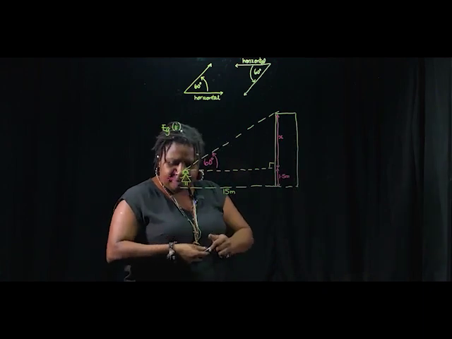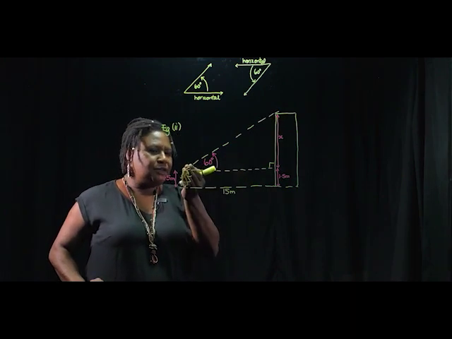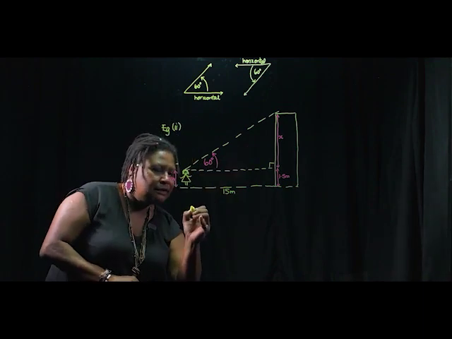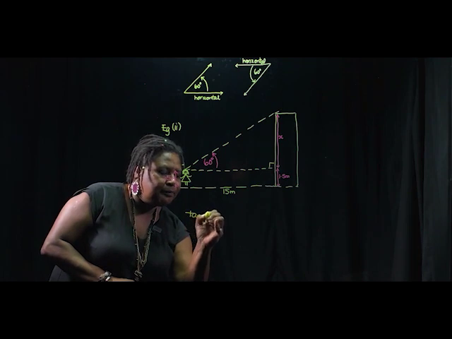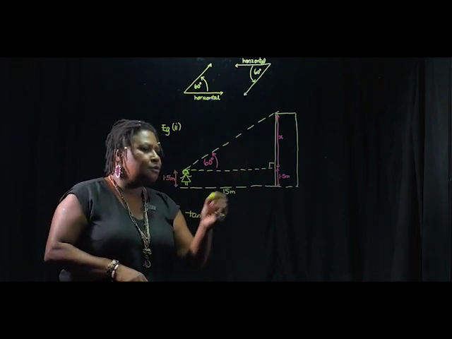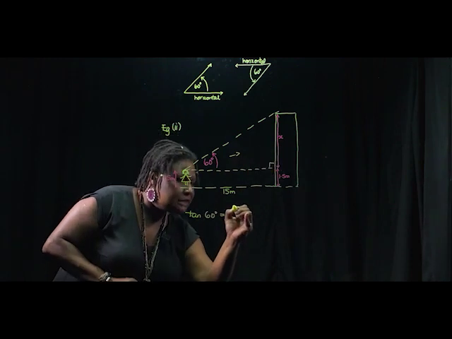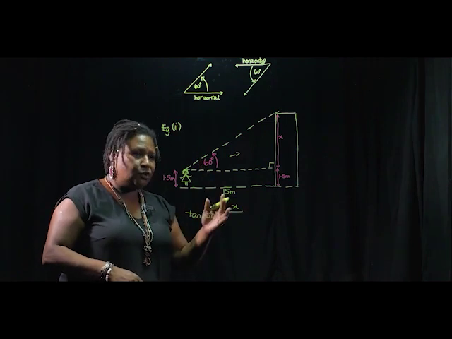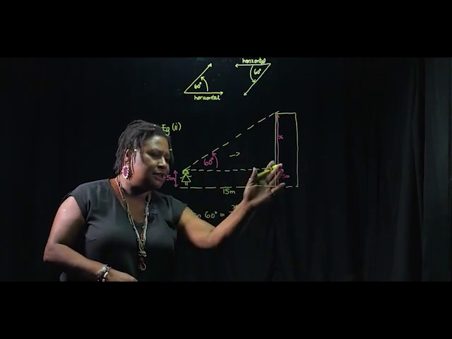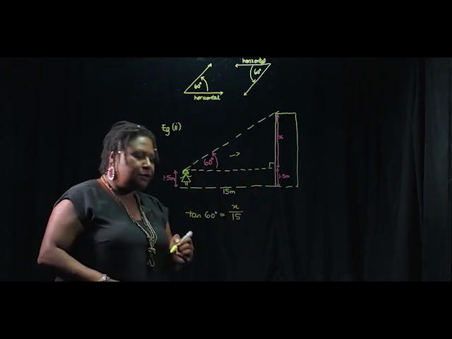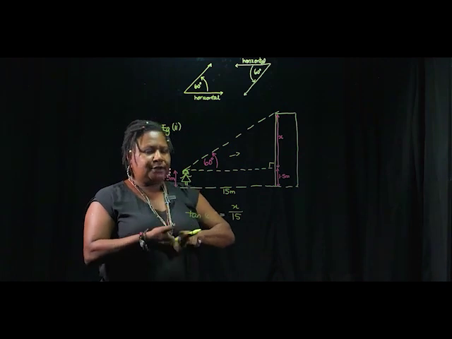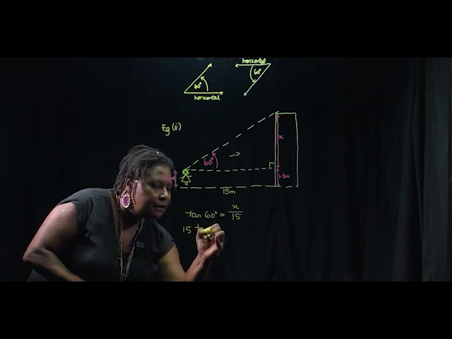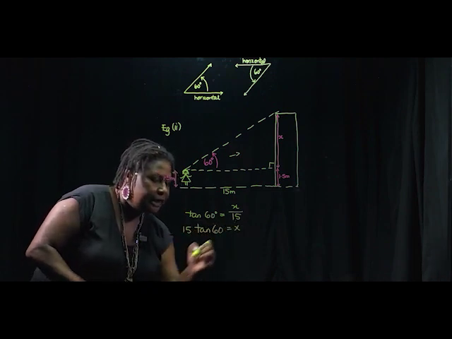The distance from here to here is unknown, so we are using the tangent ratio to find x. Tan 60 degrees is equal to opposite, which is x, over adjacent. Your hypotenuse is not given, so you're not using that. You are using your adjacent, which is 15 meters. Bring 15 across: 15 times tan 60 is equal to x.